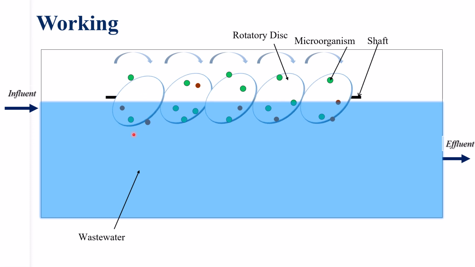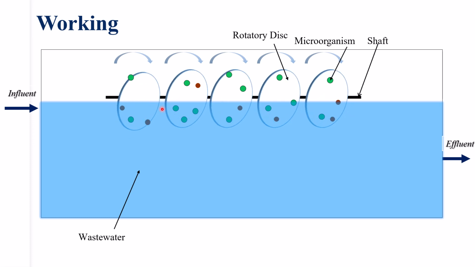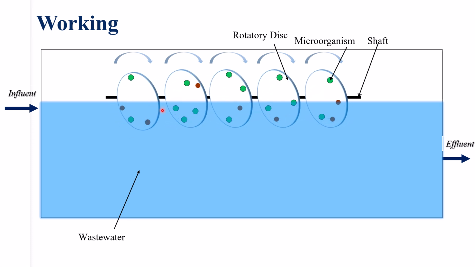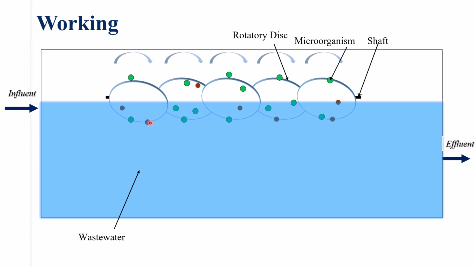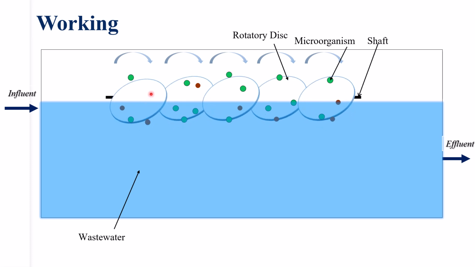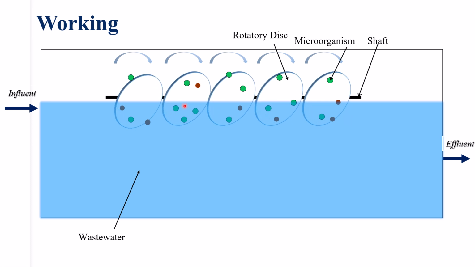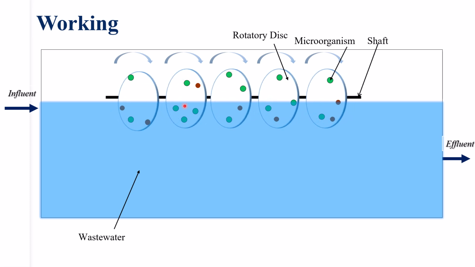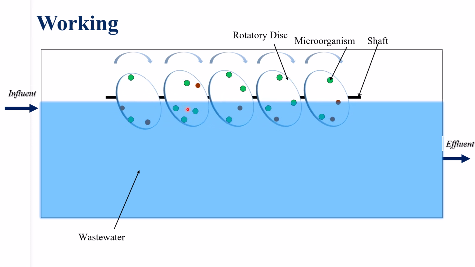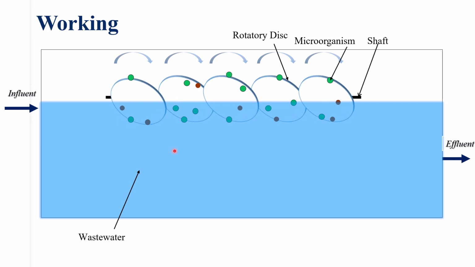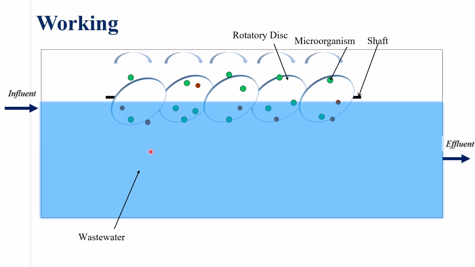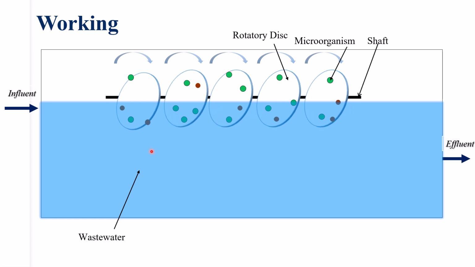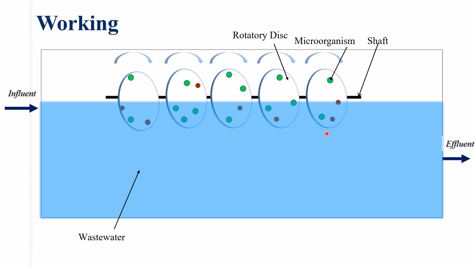Also, because of this rotation, both optimum wetting and oxygen supply are ensured. The disc design is made in such a way that a large amount of biofilm can attach, which means that there is a large amount of biological mass present to degrade the pollutants, and this RBC can achieve biological oxygen demand reduction up to 80 to 90%.